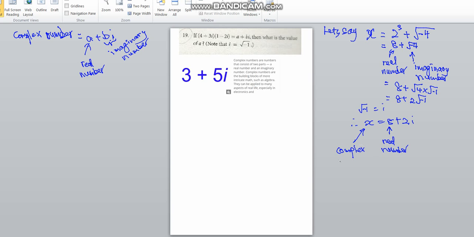Why is it called a complex number? Because it consists of a real number and an imaginary number. That's why it's called a complex number.